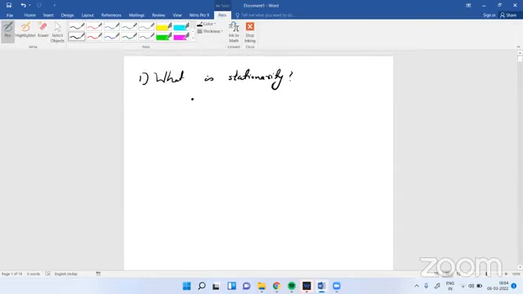We came to know that the mean is constant. Variance is constant. And covariance is constant.